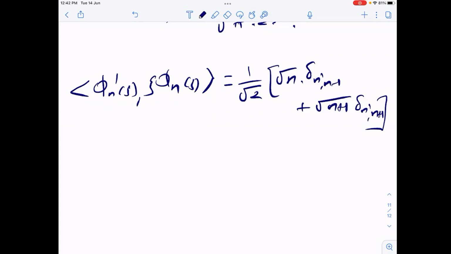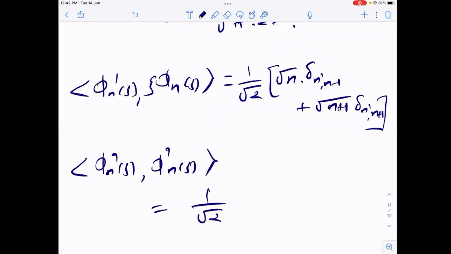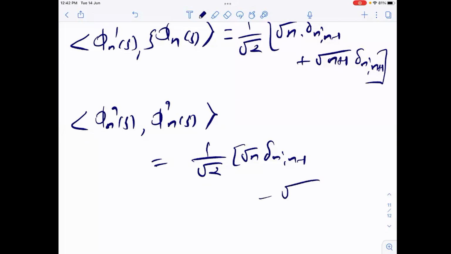Okay, so similarly, what happens to the orthogonalization condition? It follows further that phi n' chi and phi' n chi, right? It turns out to be 1 upon root 2 under root n delta n' n minus 1 minus under root n plus 1 delta n' n plus 1.